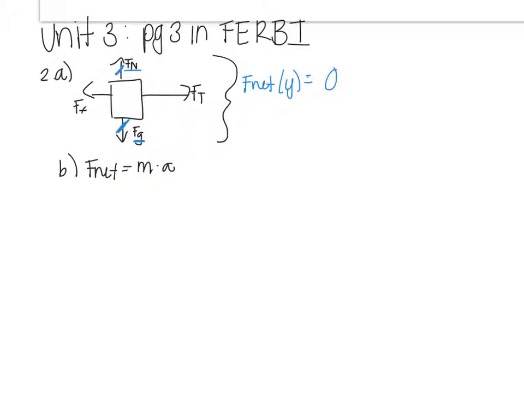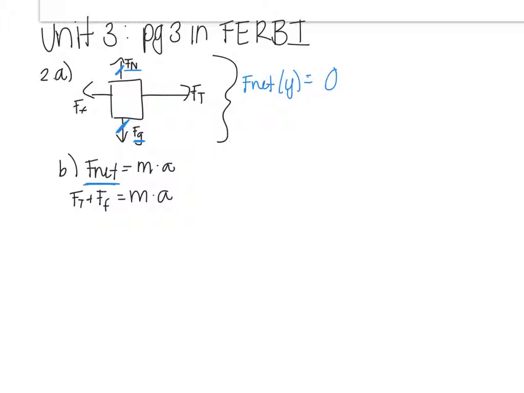So when I talk about F-net, I'm really only looking at F-net now in my horizontal direction, okay? So F-net is equal to m times a. What's F-net in the horizontal direction? That's going to be F of T plus F of F is equal to m times a.